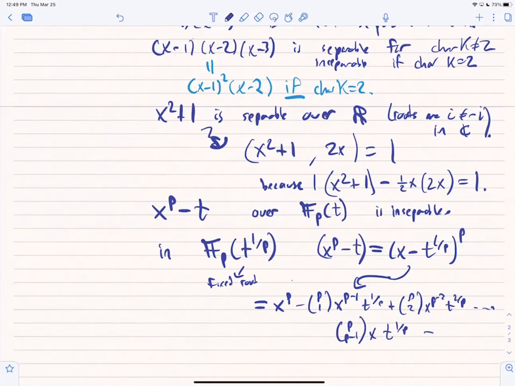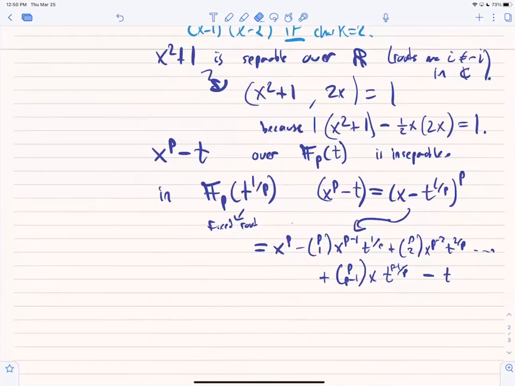I can always write this as minus or as plus; it's not going to matter in a minute. And this is t^(p/p), which is equal to t.